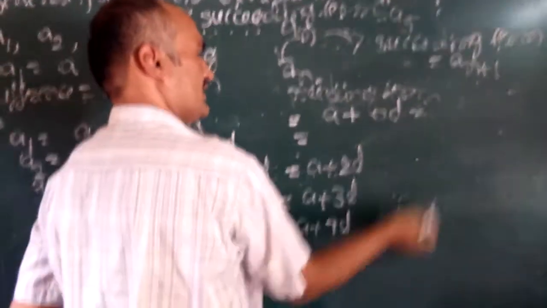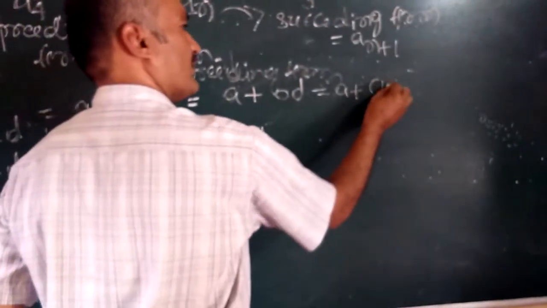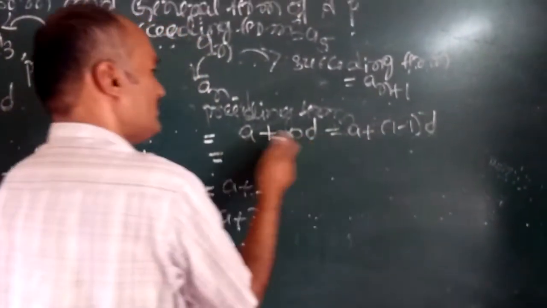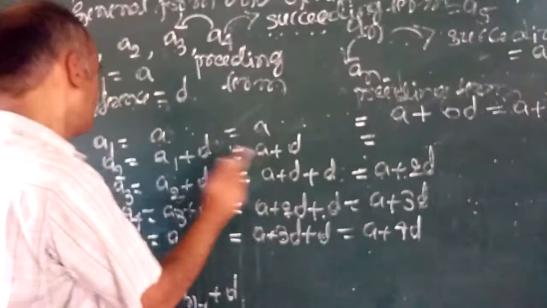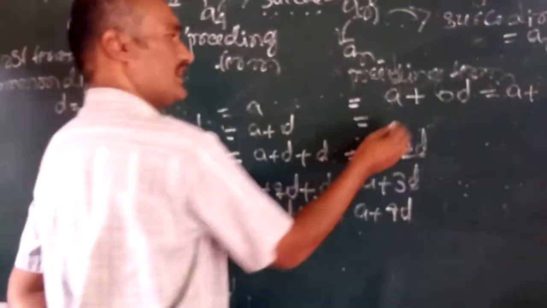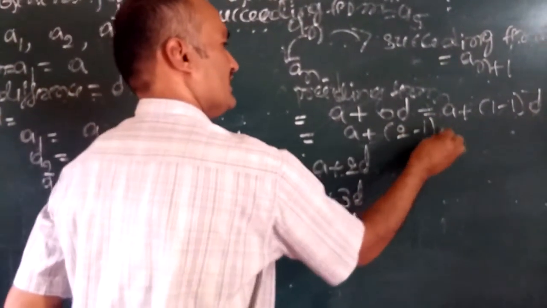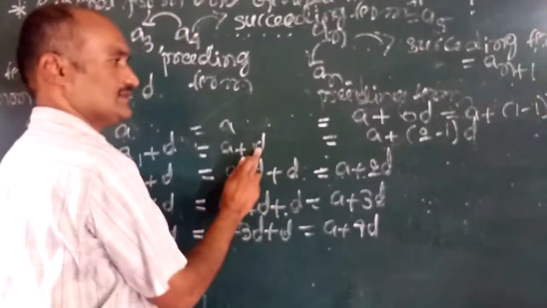So this A I can write as A plus 1 minus 1 into D. 1 minus 1 is again 0, and 0 into D is 0 only, so you get back A only. So this A plus D, the second term, I can write as A plus 2 minus 1 into D. 2 minus 1 is 1, so 1 into D is 1D.